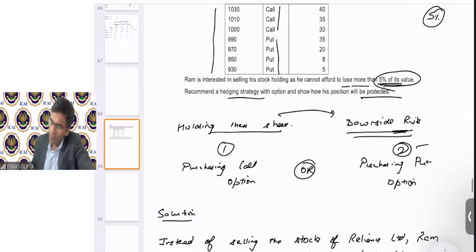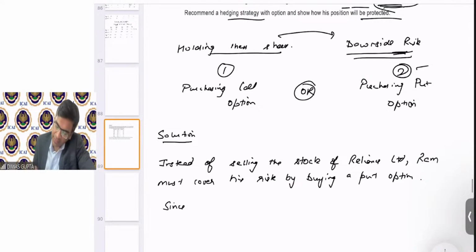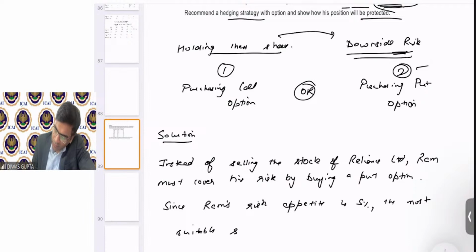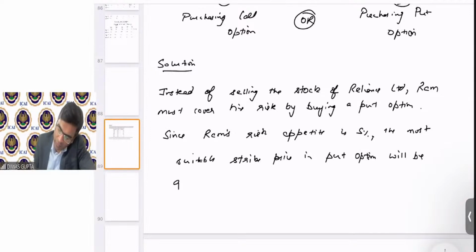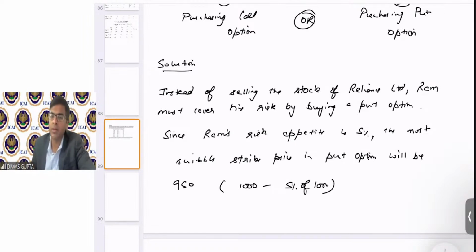So we can write that since Ram's risk appetite is 5%, the most suitable strike price in the put option will be 950, correct? Which is 1000 minus 5% of 1000 rupees.